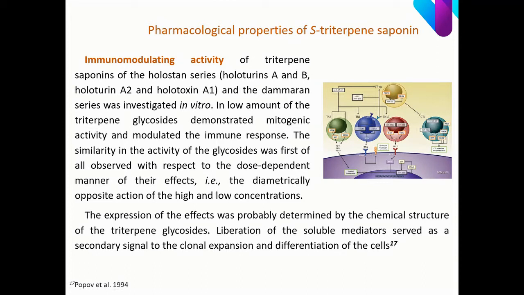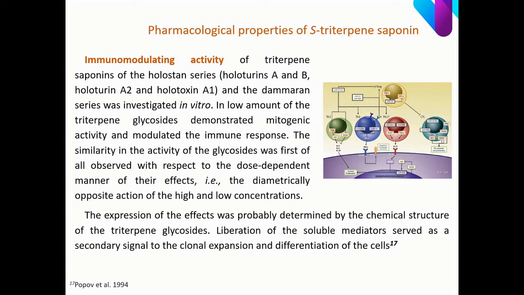Saponins of the holostane series, holotoxin A and B, holotoxin A2, and holotoxin A1, and the dammarane series, which is a type of sapogenin or aglycone group, were investigated by the research team.